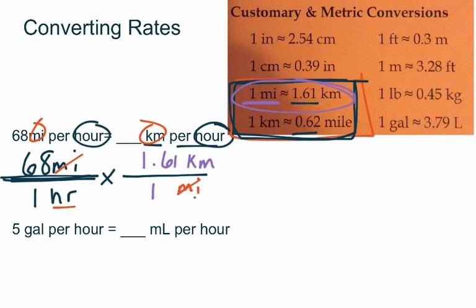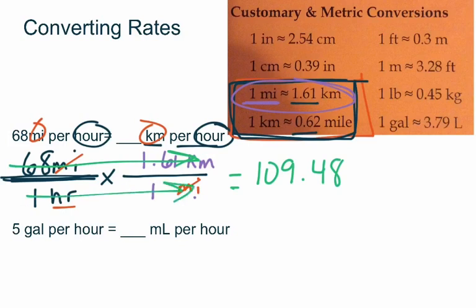So when I go to solve this, my last step here is I need to do 68 times 1 and 61/100, and this is absolutely calculator worthy, so I'm going to type that into my calculator, and I get an answer of 109 and 48/100. And again, I would have to multiply 1 times 1, all right, but let's keep track of what labels we have left.